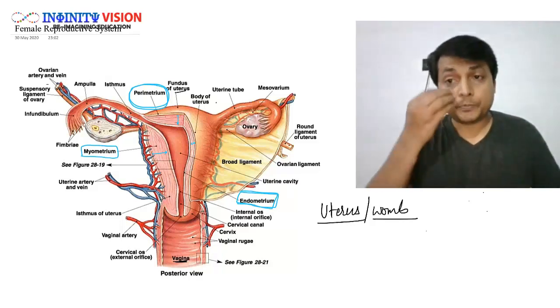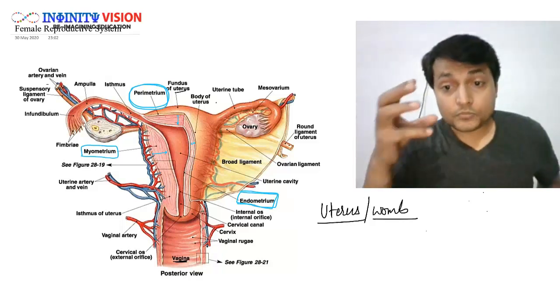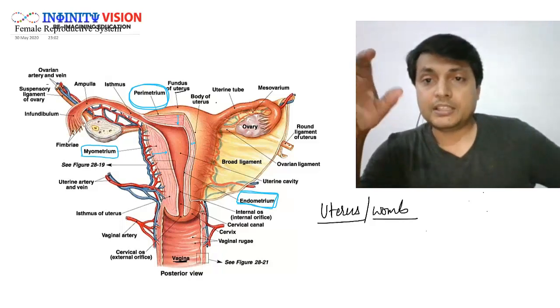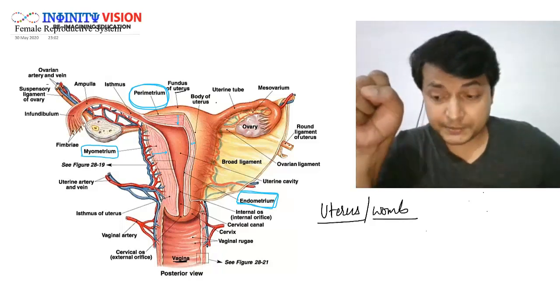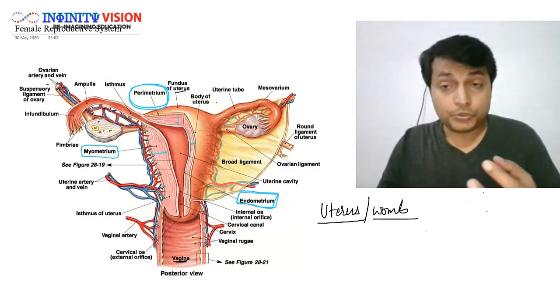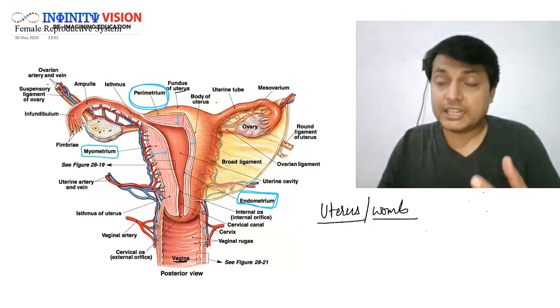Great. So we are talking of the uterus, and we see that the uterus is the size of a tight fist. Secondly, it is divided into 3 parts: fundus, body, and cervix.